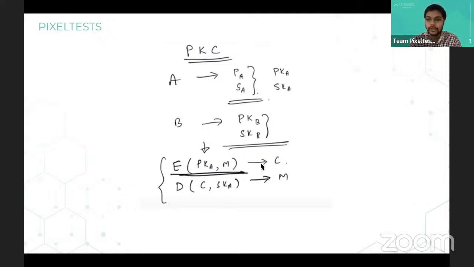Now we have got a ciphertext, right? While decrypting that ciphertext along with the secret key of A, you will be able to get the message back, right?